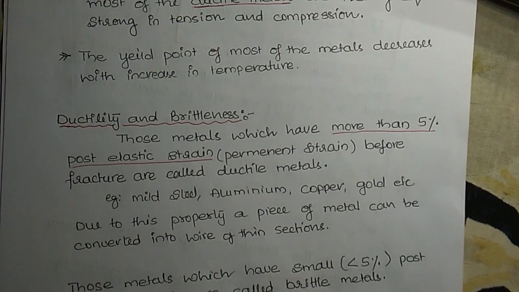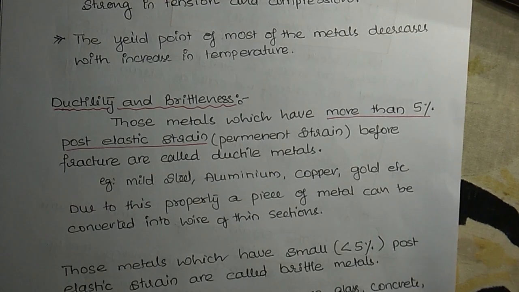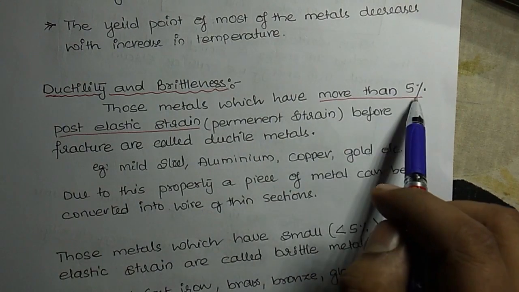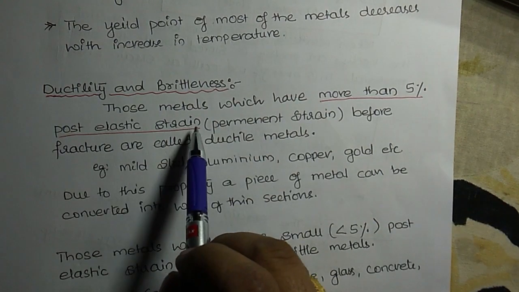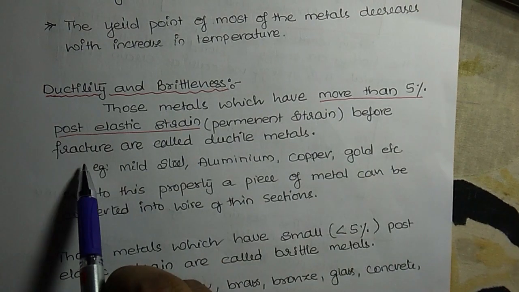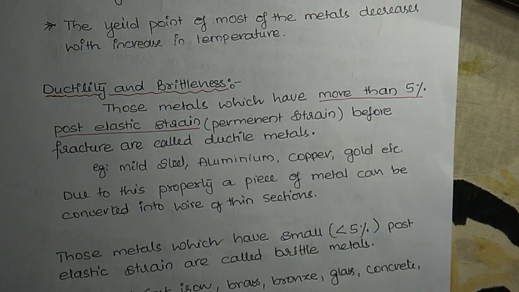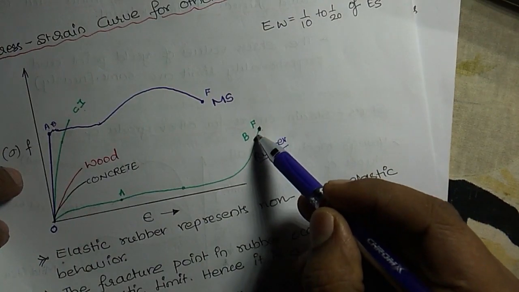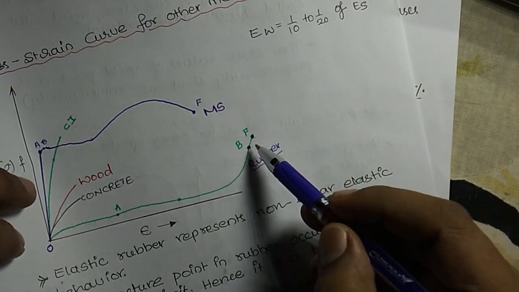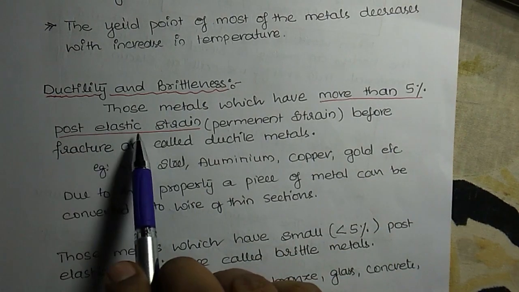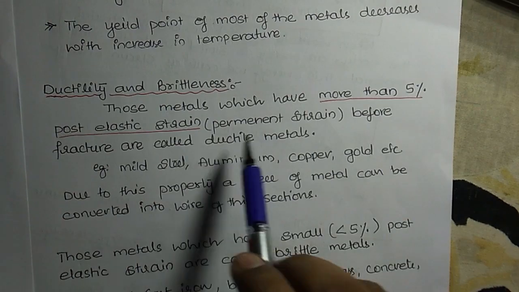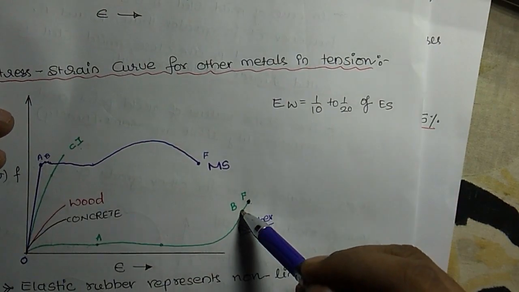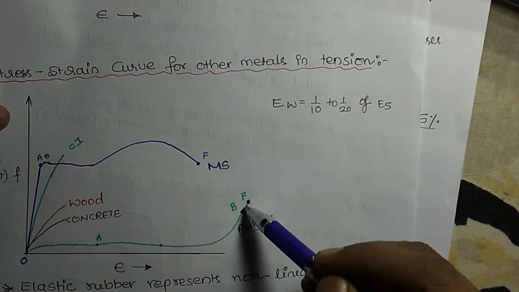Coming to the next part, you have ductility and brittleness. Those metals which have more than 5% of post-elastic strain, that is permanent strain, before fracture are called ductile metals. As I said in the case of rubber, after the elastic point, this distance we call the post-elastic strain, or the permanent strain.